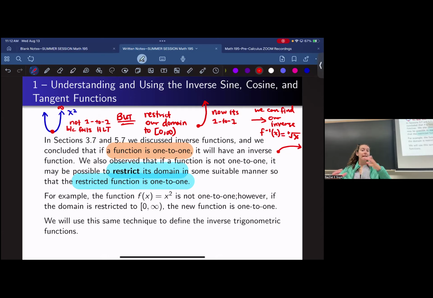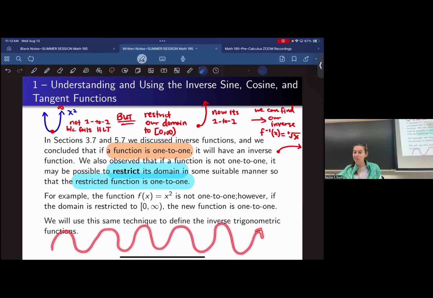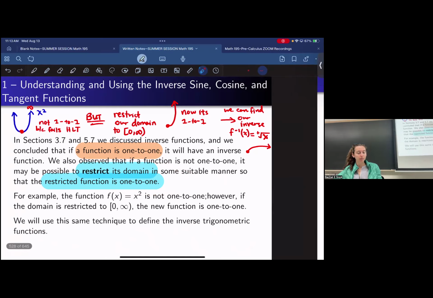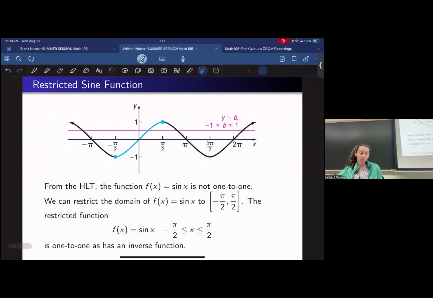So now bringing this knowledge into our trigonometric world, it's the same exact concept. When we're dealing with sinusoidal waves, that's going to fail the horizontal line test everywhere, which is why it's so important to restrict our domain. So let's first look at how we are going to restrict our domain when we're dealing with our function sine of x.